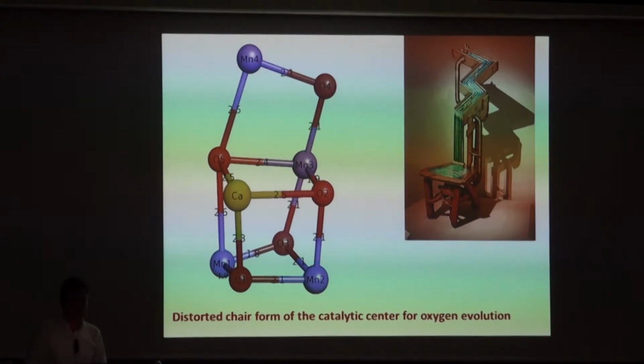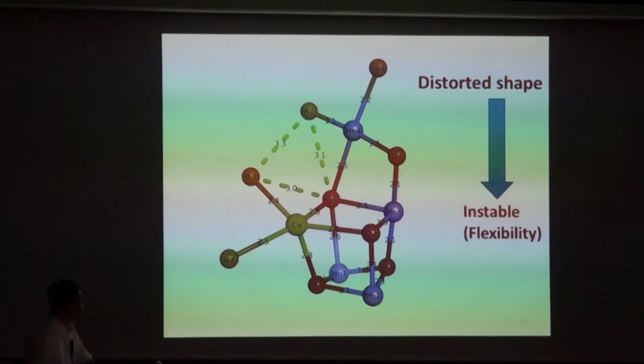You can imagine that because the chair is not symmetric, it must be unstable, not as stable as the normal chair. So this structure suggests that it is unstable, and because it has some instability, we think it has some flexibility.